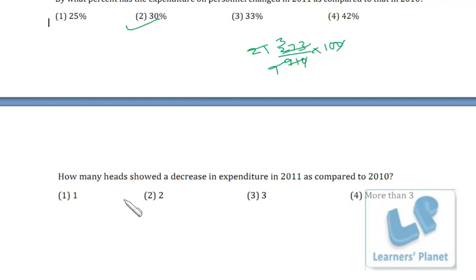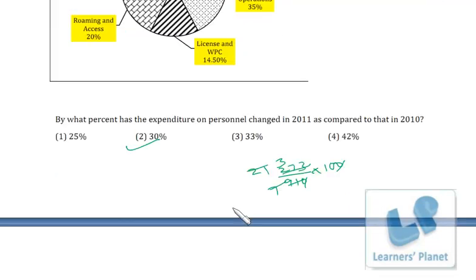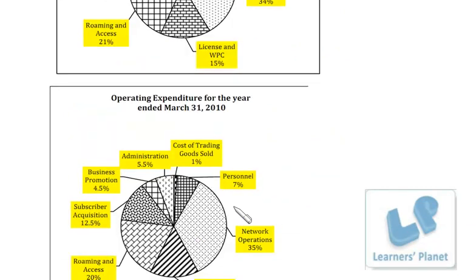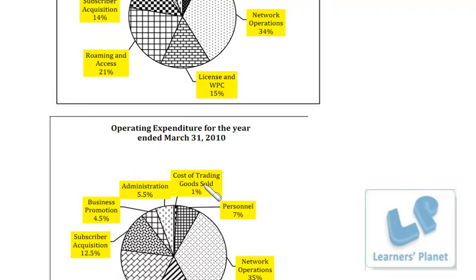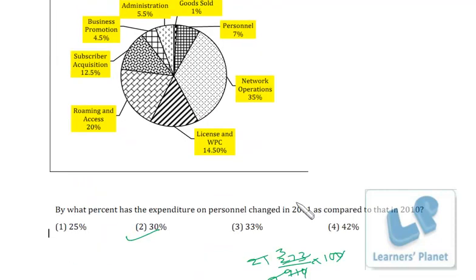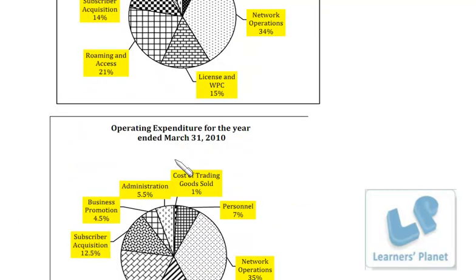So we have to find out the decrease in expenditure in 2011 as compared to 2010. So just look at both the pie diagrams carefully. Cost of trading goods sold, it is 0.5% over here, it's 1% over here, so that's down. So one we have, I just write it somewhere, 1.